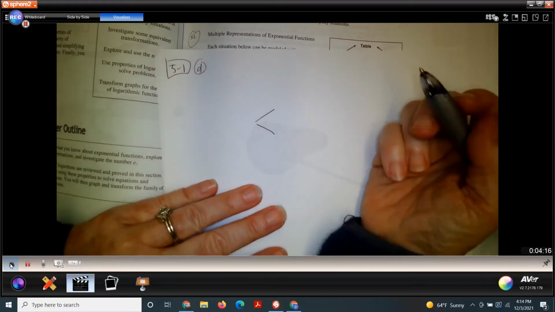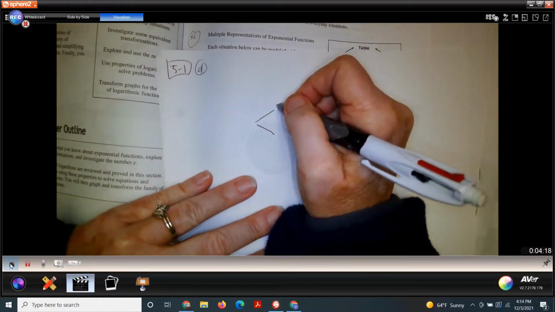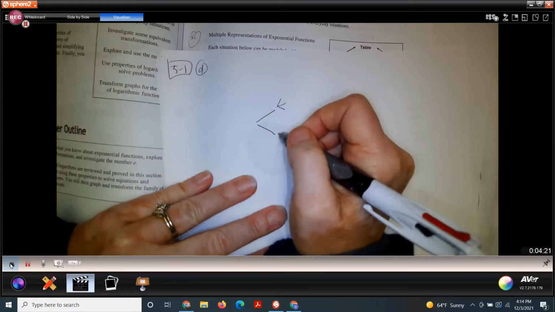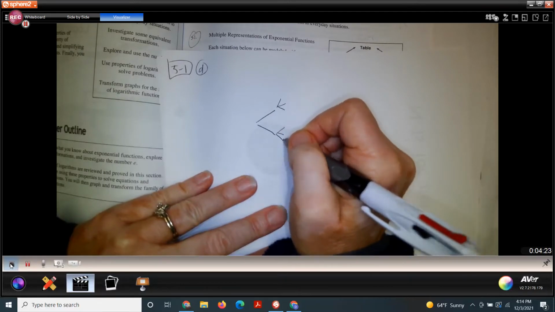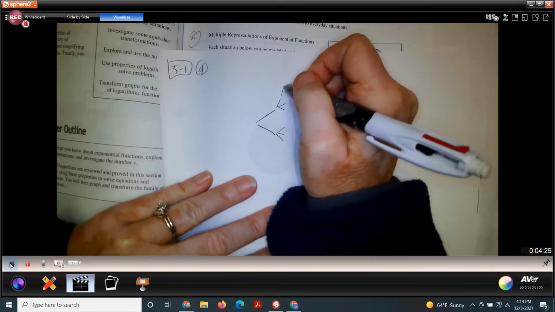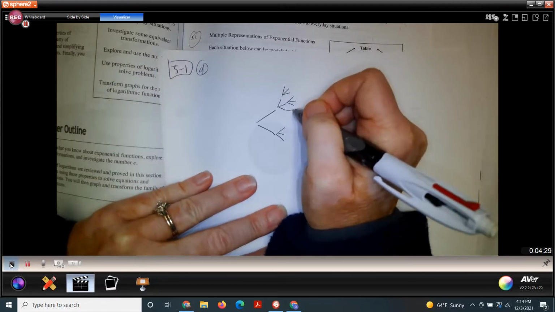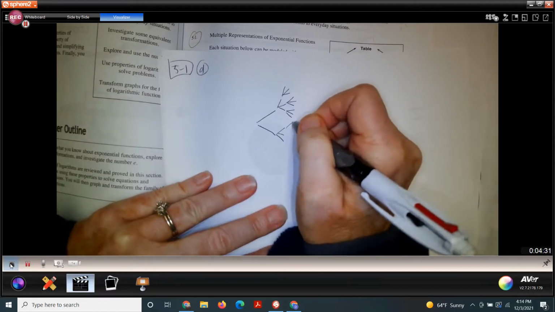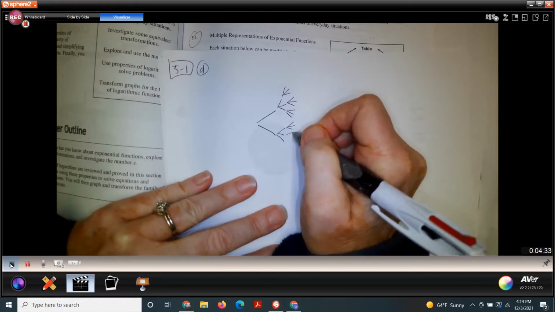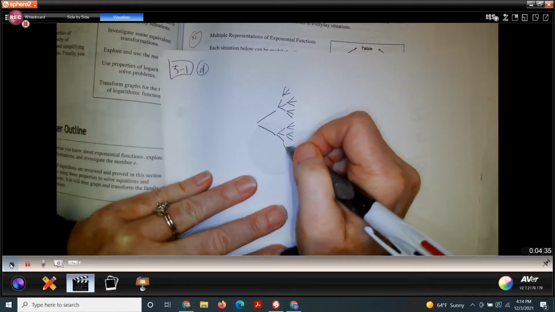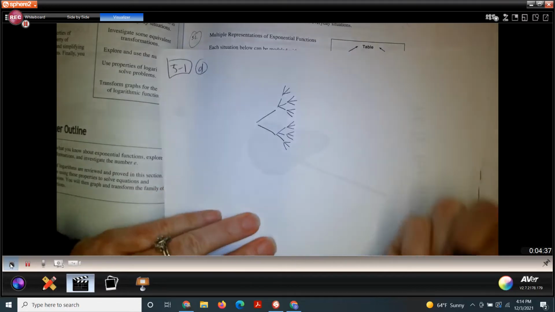So what I'm getting is that he started out with these 2 students, and then each of the 2 students had to do 3 acts of kindness, or an act of kindness to 3 students, and then those 3 students, and so on. You don't want to draw this whole graph, but just to give us a little idea of what's going on.